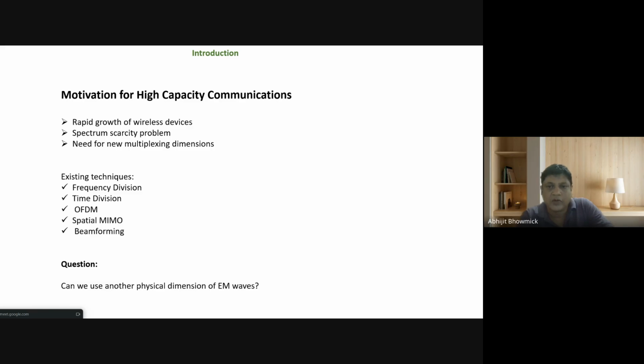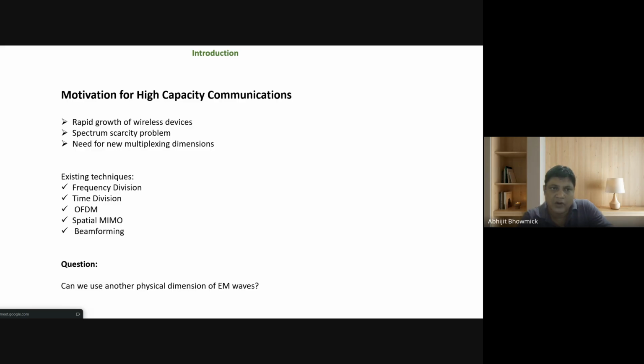On the other hand, spectrum is limited, so there is a scarcity of spectrum. So obviously there is a need for new multiplexing techniques which can accommodate more users within less bandwidth, and improve the capacity and data rate of the system.